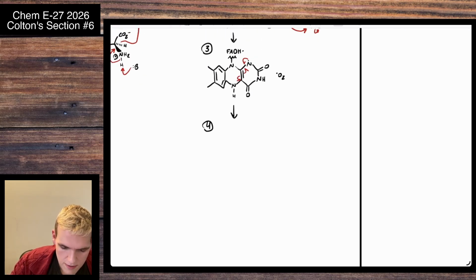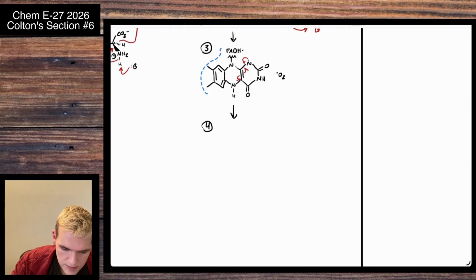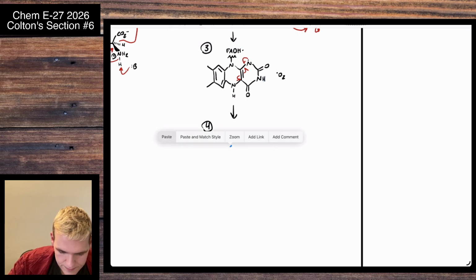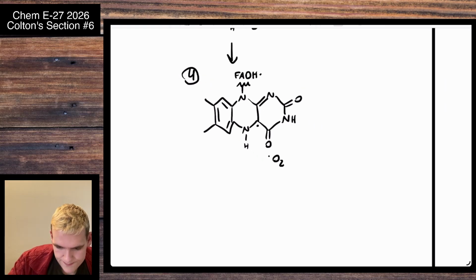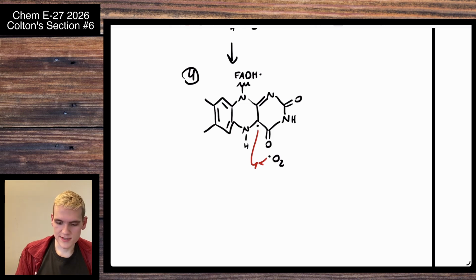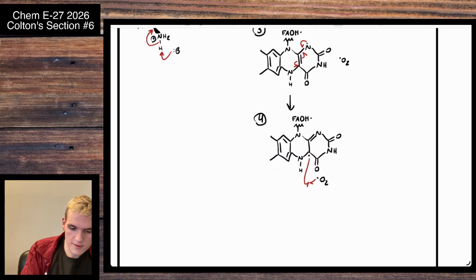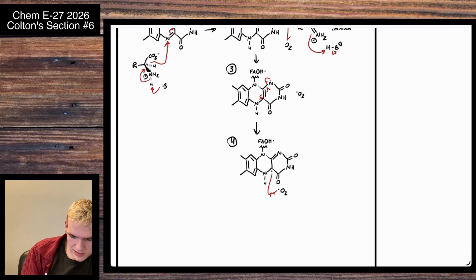Okay, so now at step 4, this is when we really start cooking. So now we have a dot down here. We have an O2 dot. And then they kiss, a little bond. This is the one where we need to be sure to do our special little reduction.